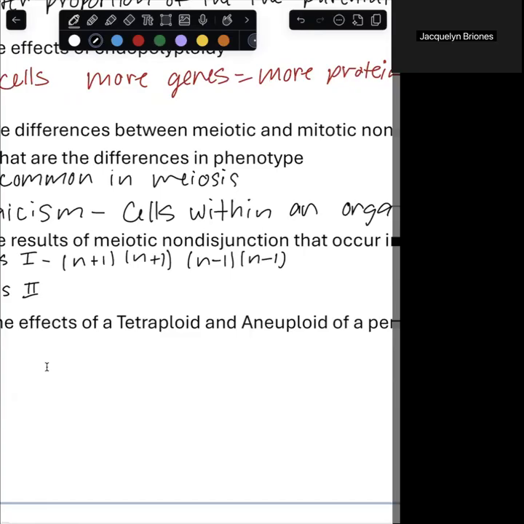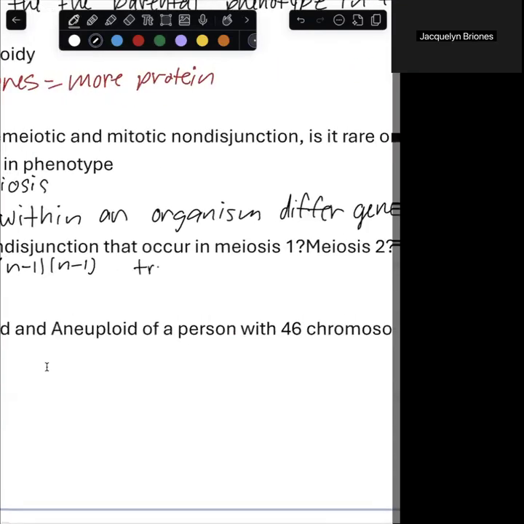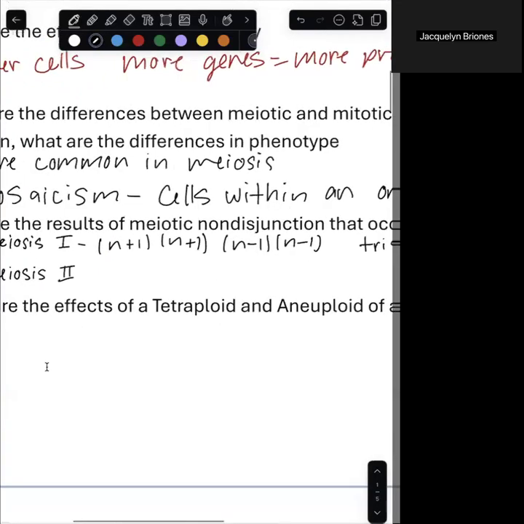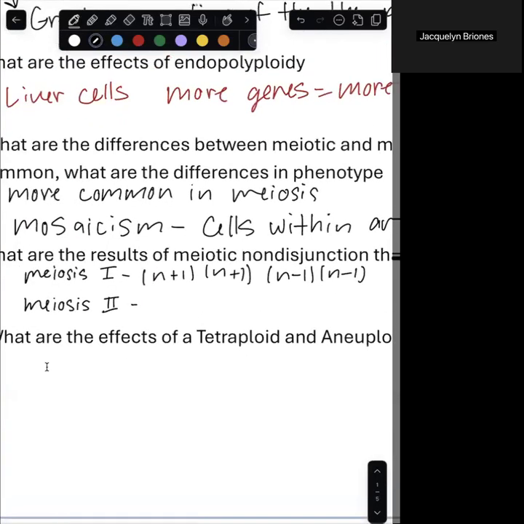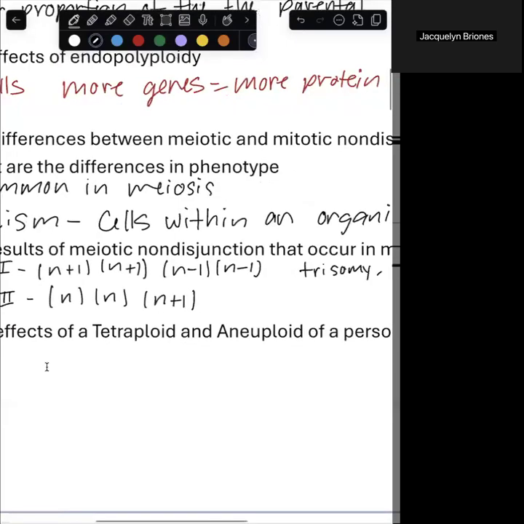So this would lead to trisomy or monosomy. And then in meiosis two, we would have N, N, N plus one, and then N minus one.